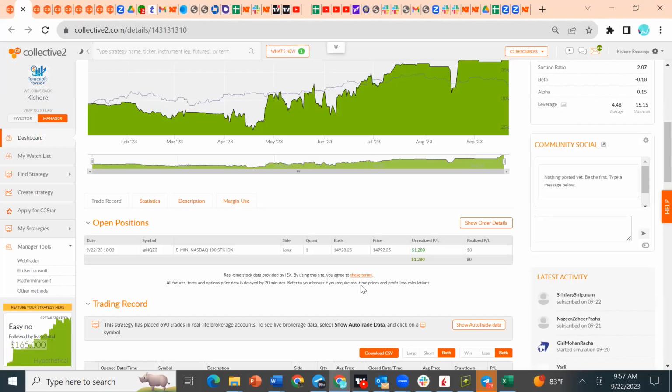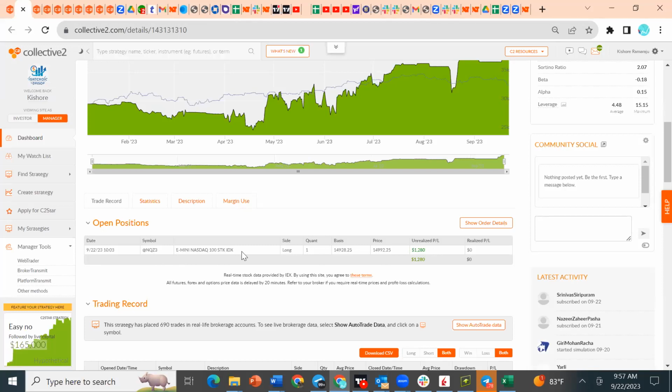We are also exploring stocks, because there are some stocks which can, for example, let me share my screen. For example, there is an open position with nearly $1,280 profit.